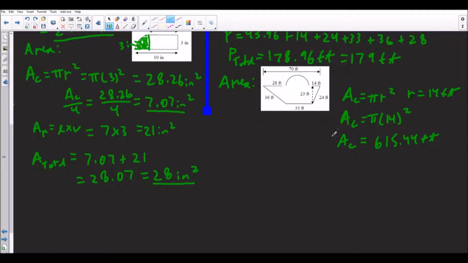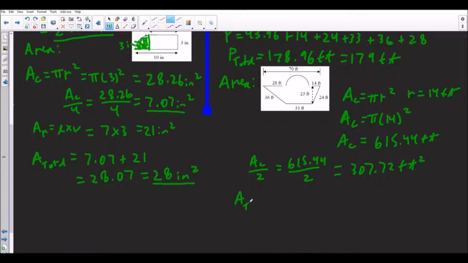So what we need to do is divide this by 2. So we're going to say AC divided by 2 is equal to 615.44 divided by 2, which is equal to 307.72 feet squared.